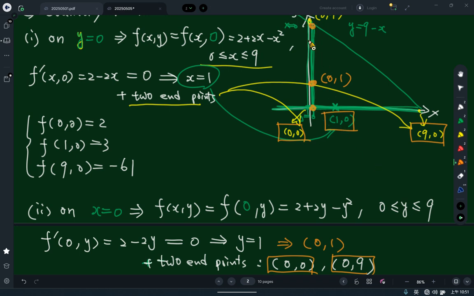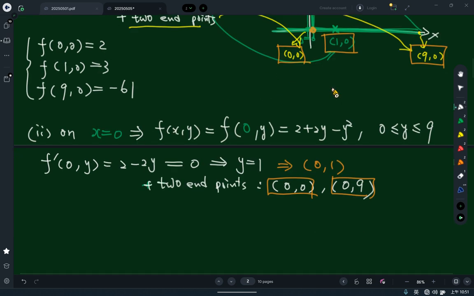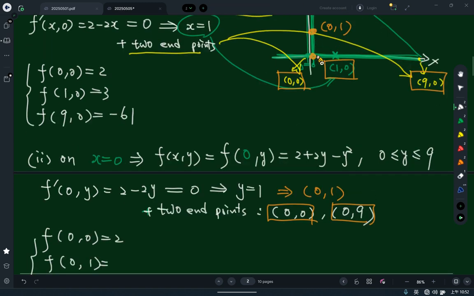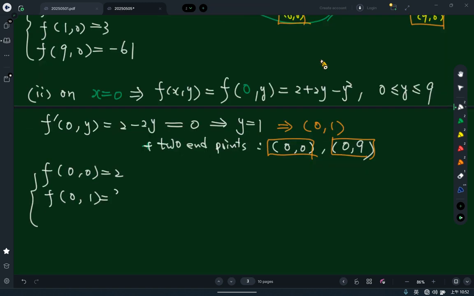So in this line, these 3 points are the possible candidates, so we can continue to get f(0, 0) is equal to 2, f(0, 1) is also 3, and f(0, 9) is negative 61.